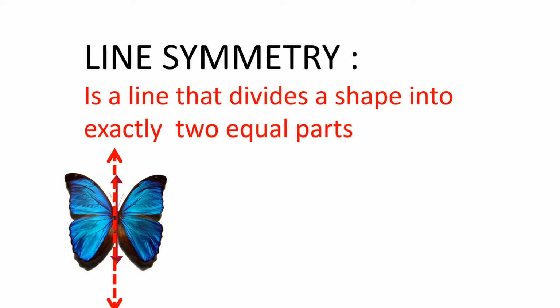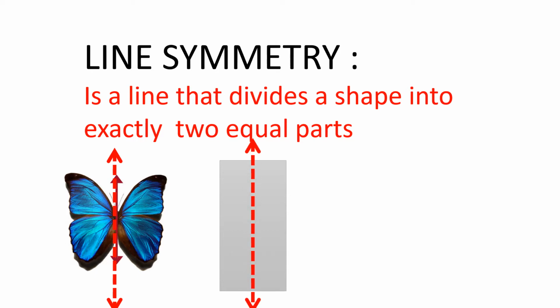Okay, let's take more examples like this shape. Of course, everybody knows that this one is called a rectangle. Now I want to know how many lines of symmetry this rectangle has. How many lines can you draw on this rectangle to divide it into exactly two equal parts? Yes, exactly. You can draw a line vertically like the one drawn here.